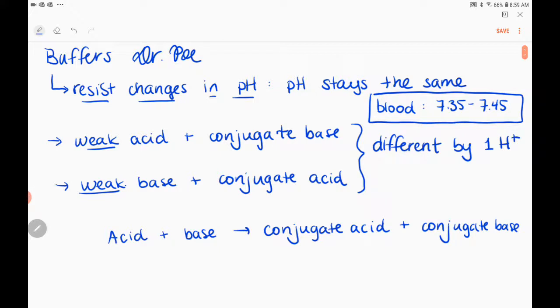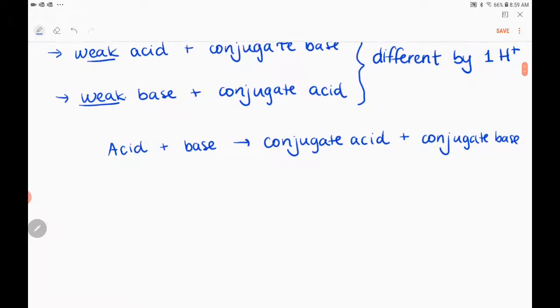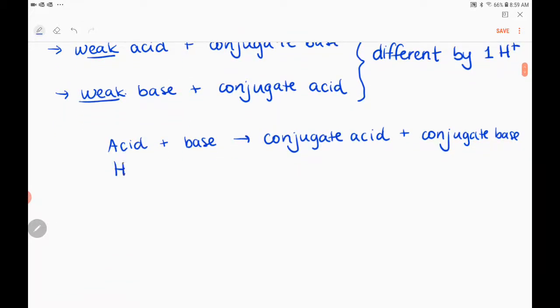Okay, so just as a quick refresher, the acids and bases are always on the reactant side. The conjugate acids and the conjugate bases are always on the product side. So we can write this, just so you can visualize, HA and B, right? The conjugate acid is not what the acid becomes, it's what the base becomes.